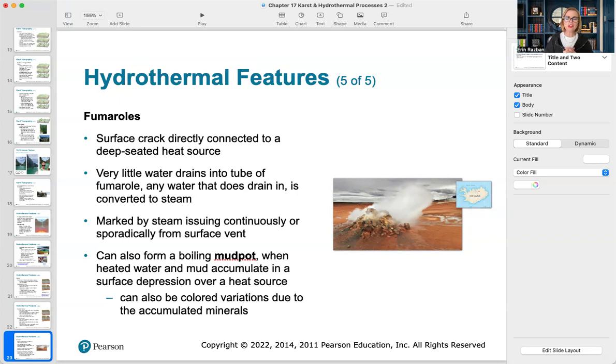When we have minimal groundwater, what little water does enter the fumarole's conduit instantly flashes into steam, creating the characteristic vapor plumes. Unlike hot springs and geysers, fumaroles emit primarily steam rather than liquid water.